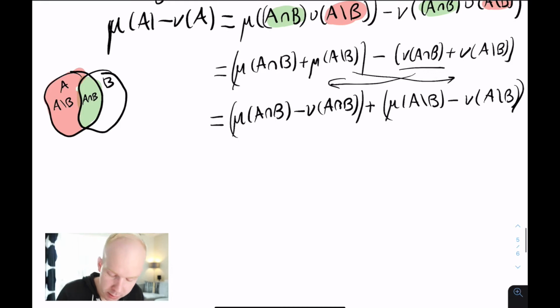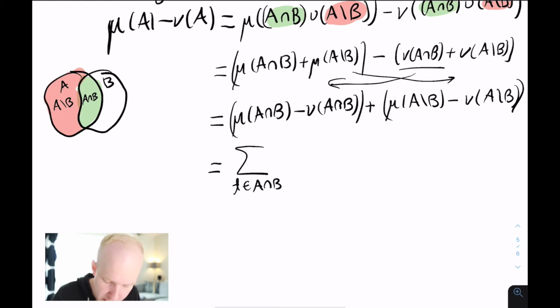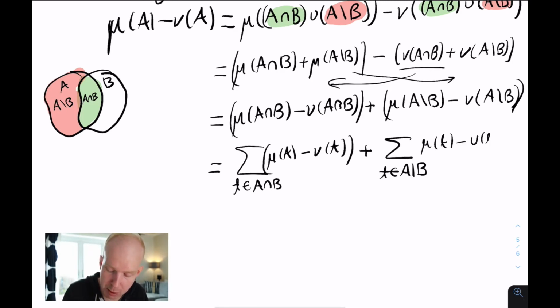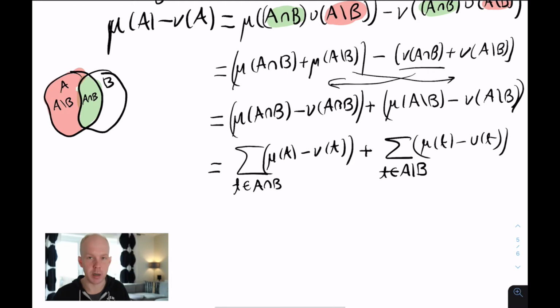Now you can use the definition of the probability distribution. You get that this is equal to a sum over all the elements t in A intersection B of mu(t) minus nu(t), and the other one as well, the sum over t in A minus B of mu(t) minus nu(t). That's by the definition of the measure.